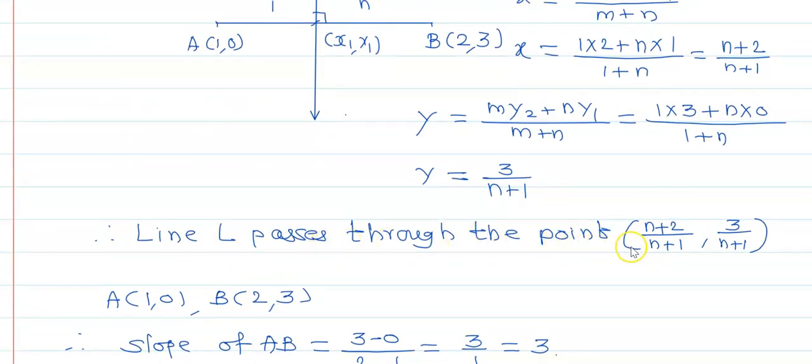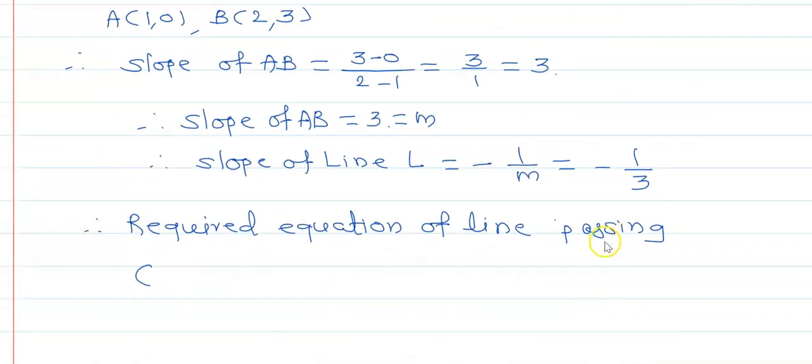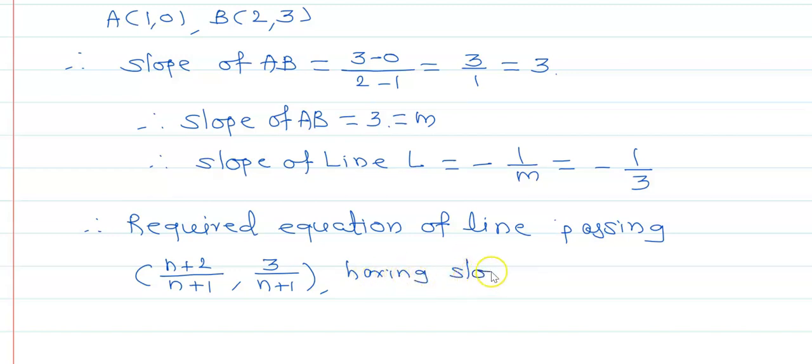It passes through (n+2)/(n+1), 3/(n+1), having slope m equal to minus 1 by 3.